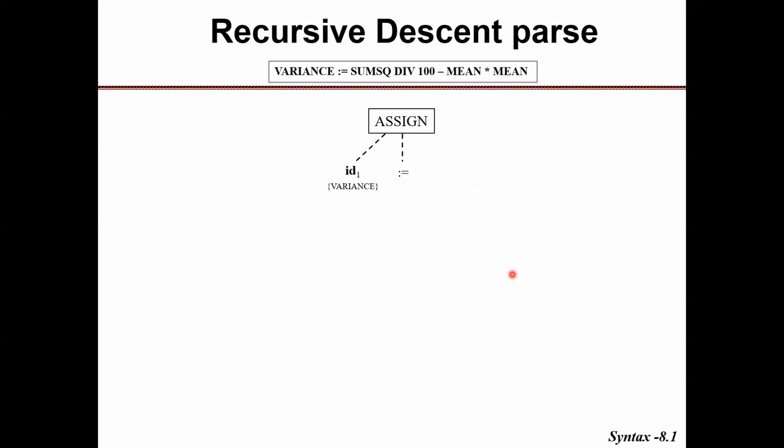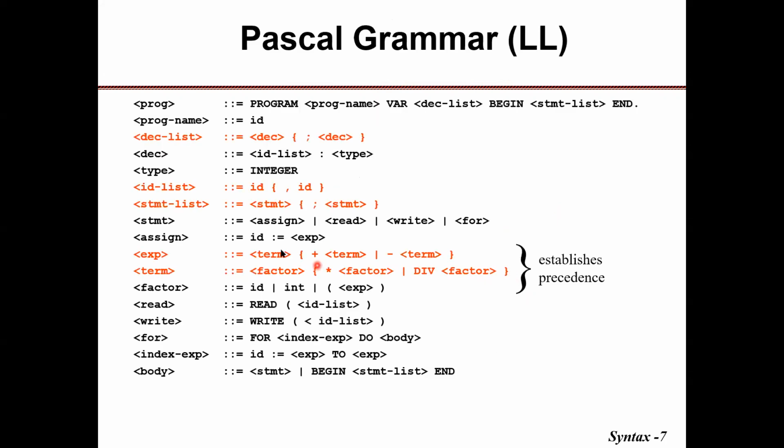So let's go back here and say mean is a term, right? Because mean was an ID, which we classified as a factor, which was accepted and classified as a term. So now we take that multiply mean. The second mean could now be an ID classified as a factor. And now we have the term followed by a multiply followed by a factor, which will accept that second mean.